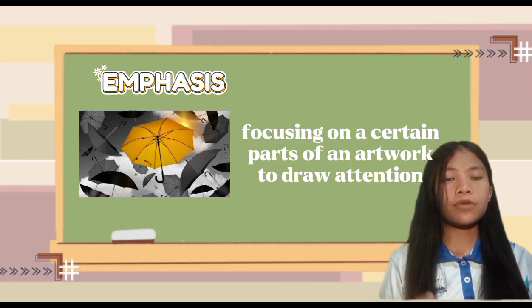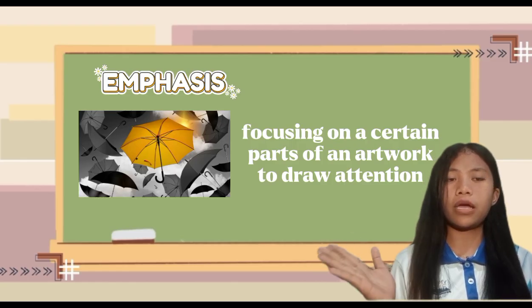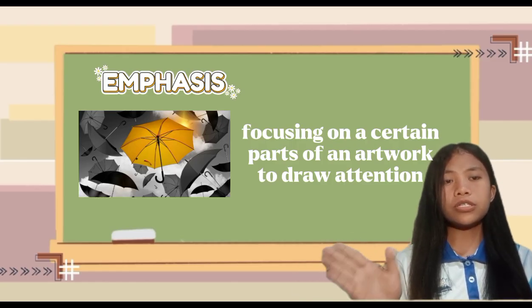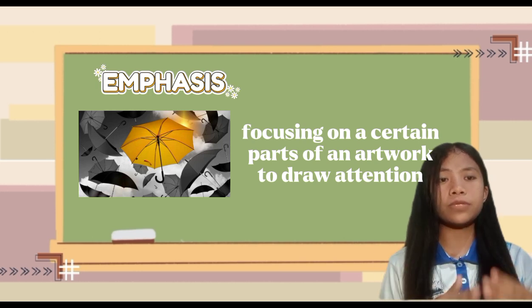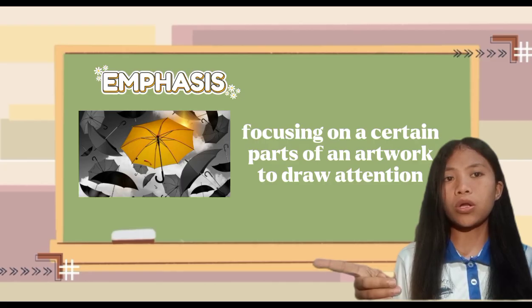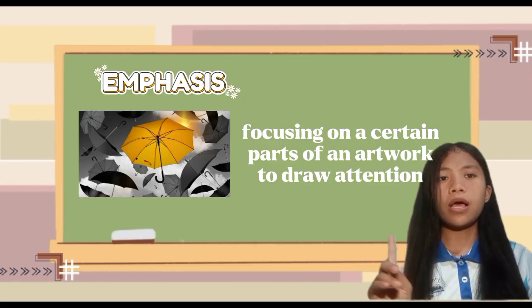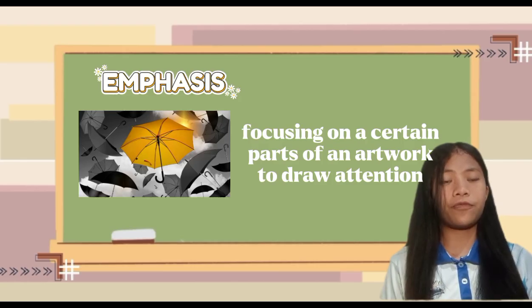For example, in this artwork, just look at the umbrella. Did you see? There is one object that is given attention, which is the yellow umbrella. That is what emphasis means.